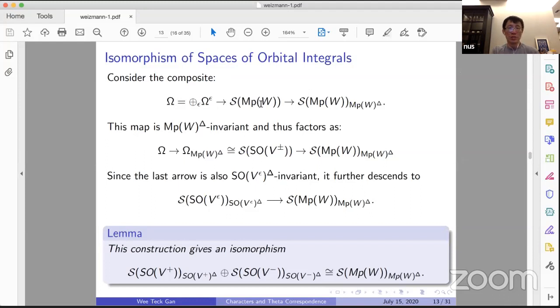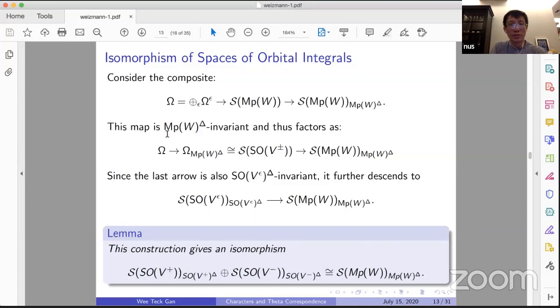Now, suppose we compose this map with a further projection, to the MPW diagonal co-invariants. The name I give this third space is the space of orbital integrals. Why? Because any invariant distribution is just a linear functional on this space of co-invariants. So the first arrow is P, and this is just a natural projection.